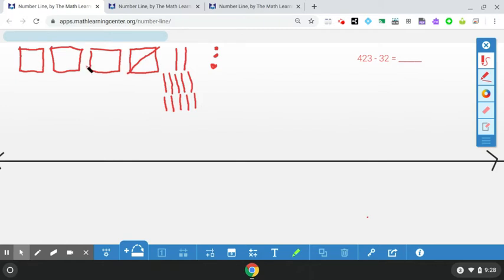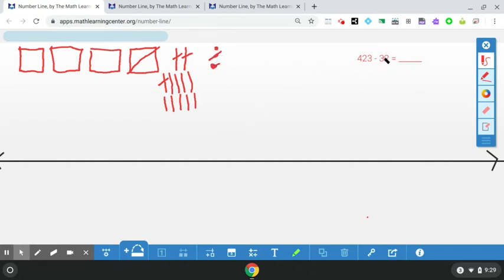So now I have 3 hundreds, 12 tens, and 3 ones. This arrangement will allow me to take away 32. So I go ahead and I'll take away 10, 20, 30, 31, 32.